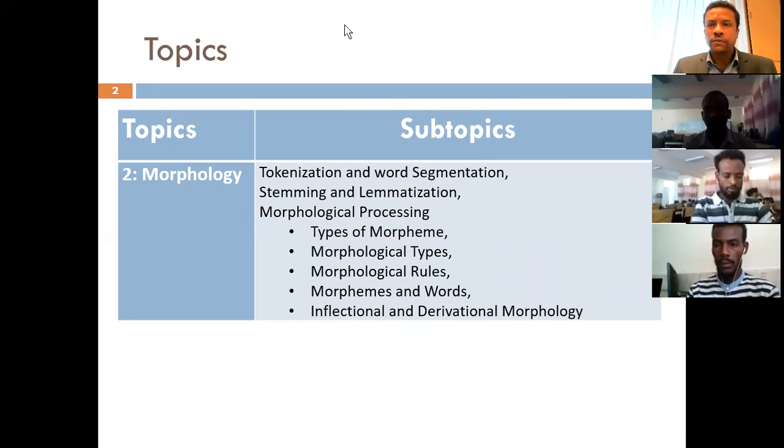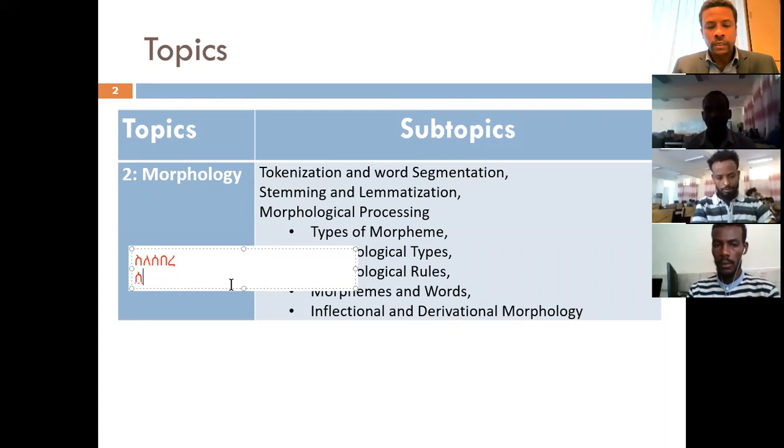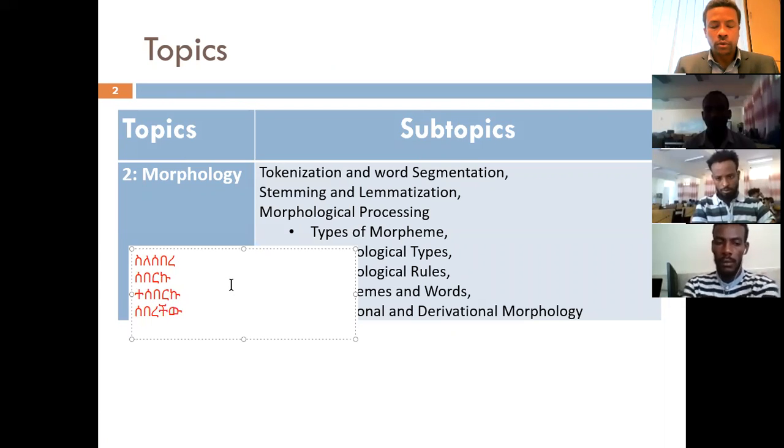For instance, let's say words like, in Amharic, salasabara, or sabbar, or tasabbar, or sabarachu, or asabari.